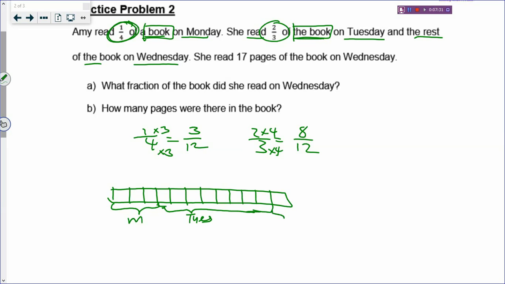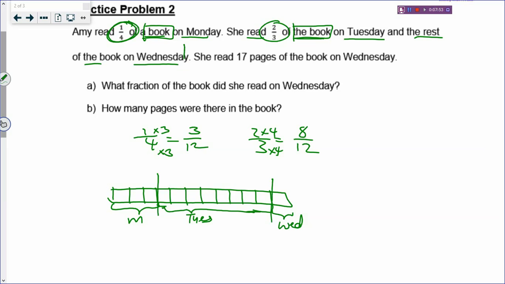And the rest were read on Wednesday, right? So you should start to draw out the model using the fractions. Start learning how to use the fractions to draw the model, so that when you go to P5, it'll be much easier. All right, then what happened?